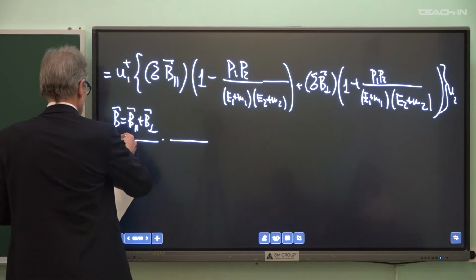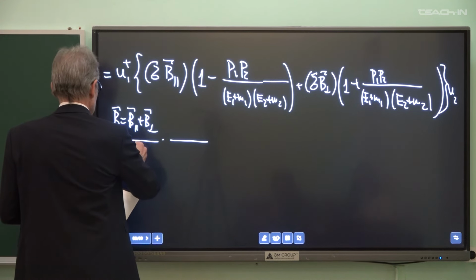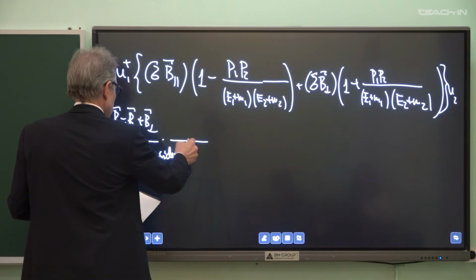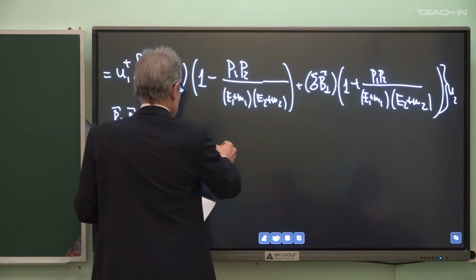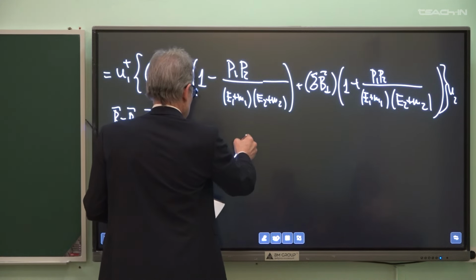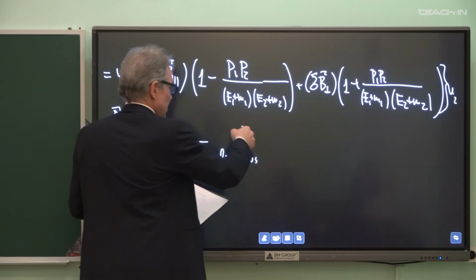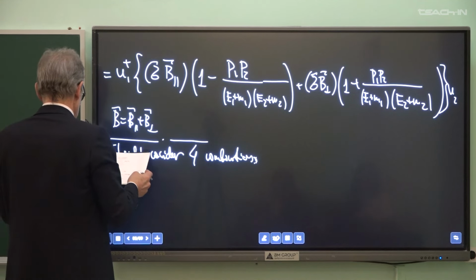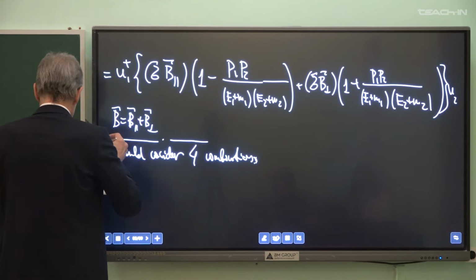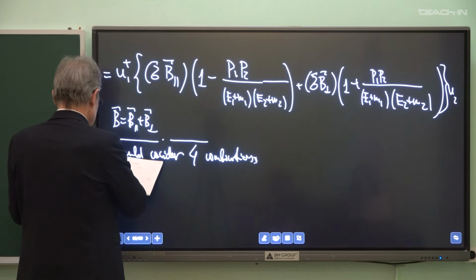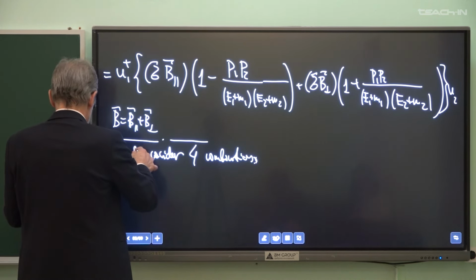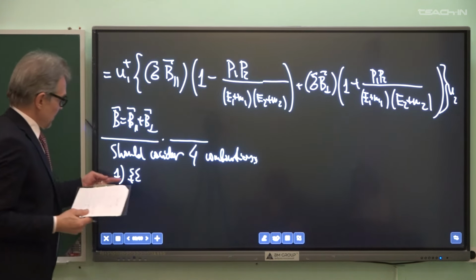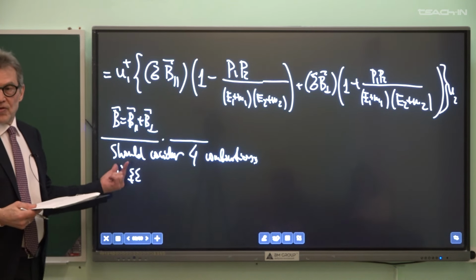So we should consider four combinations that help us to write the final solution. The first combination I write as S plus minus. So there is a change of spin orientation.